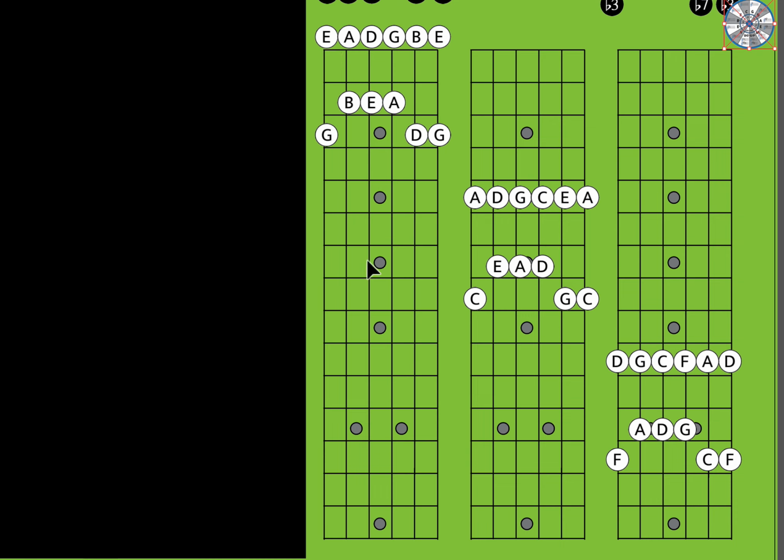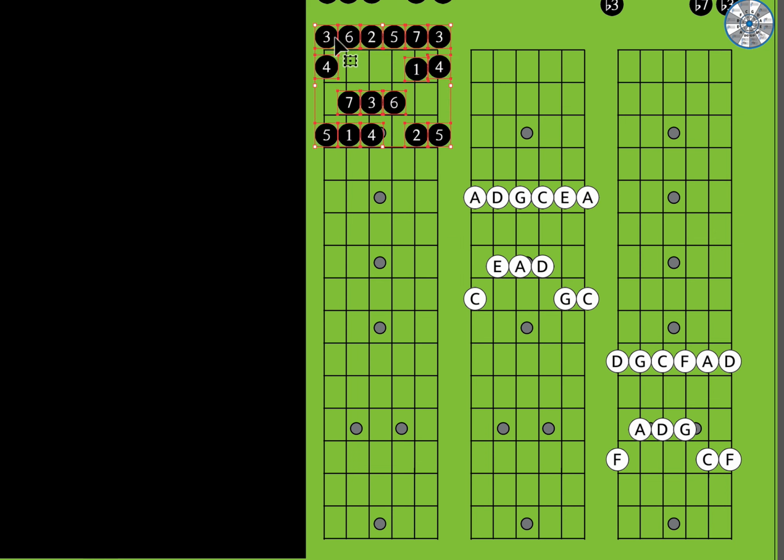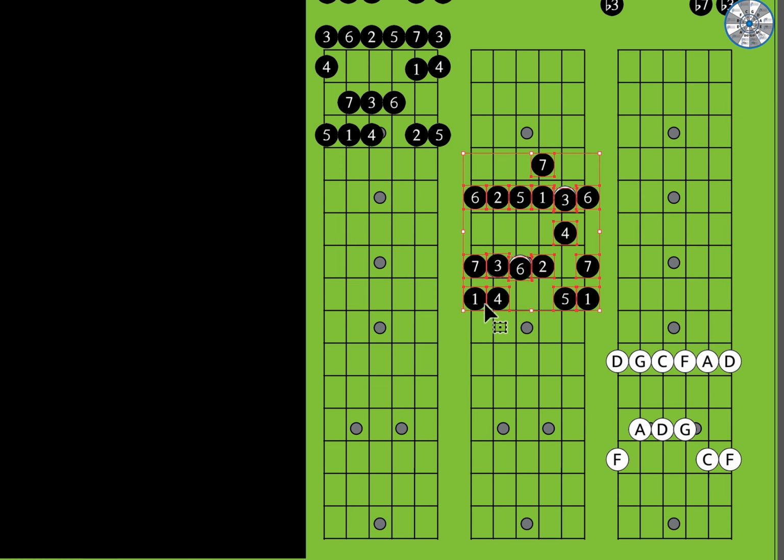If we want our 1, 4, and 5, we simply look at it from the position of where C is always the 1. And we see that our 1 is right here.